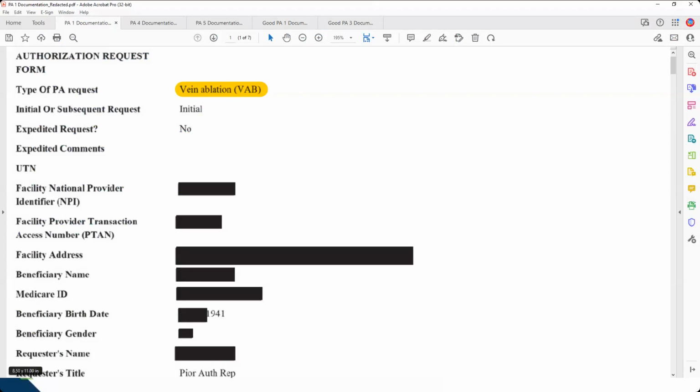Okay, so we can see on your screen, this is a prior authorization request that came in and said it was vein ablation.